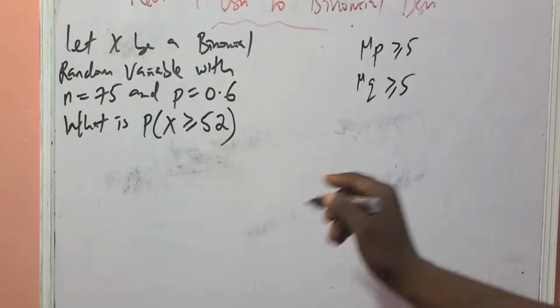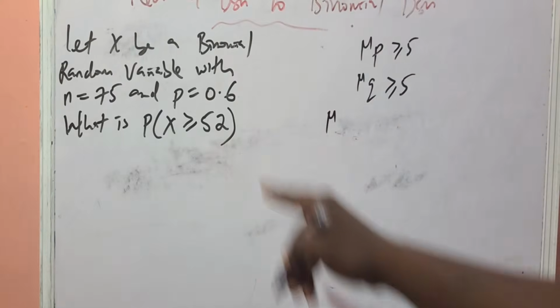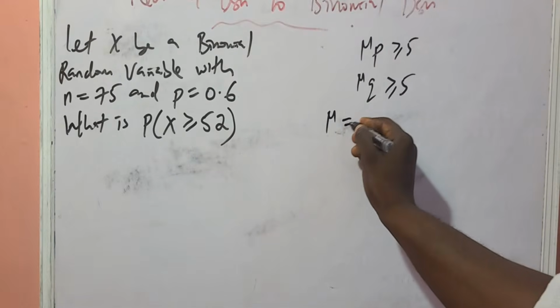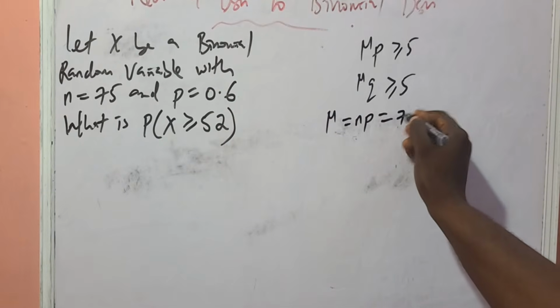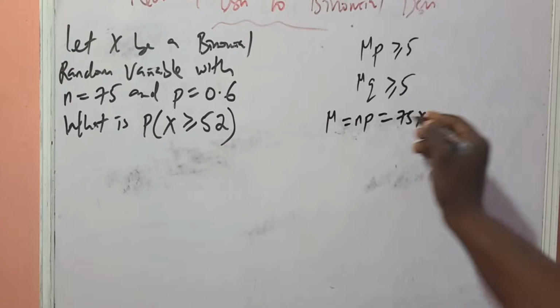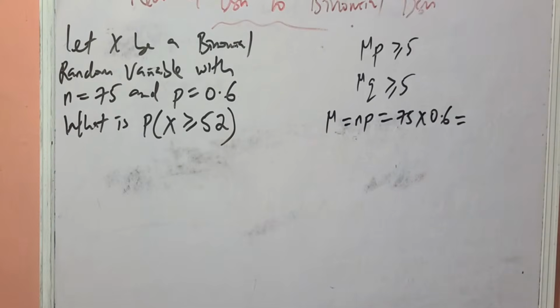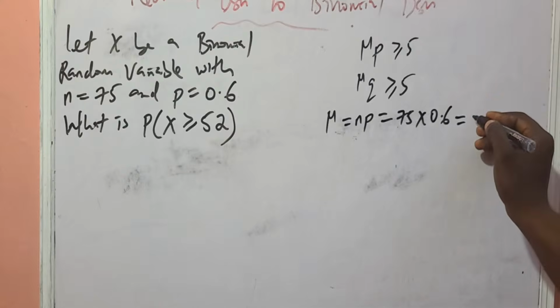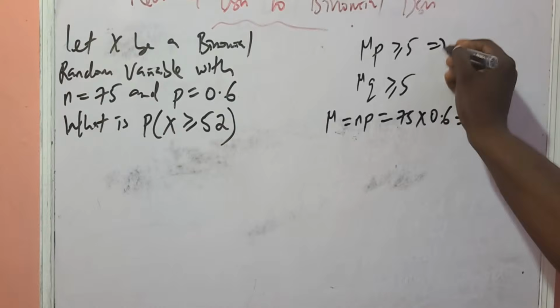Now, for you to do that, you have to find your mean first. So your mu, which I believe you all know for a binomial distribution, is n times p. And we have our n as 75 and p as 0.6. If you press that on a calculator, I'm sure you know you're going to get a value of 45. So you have 45 right there. Now, let's do this check quickly.